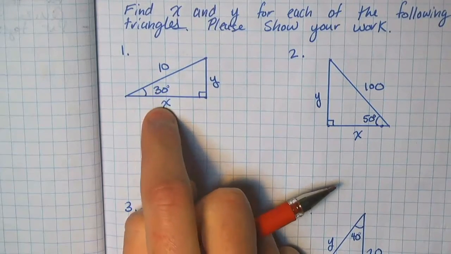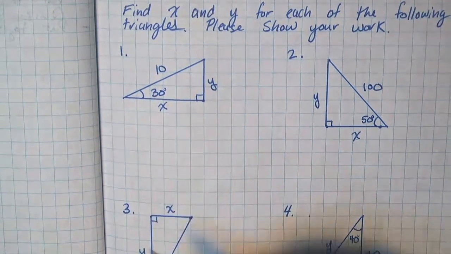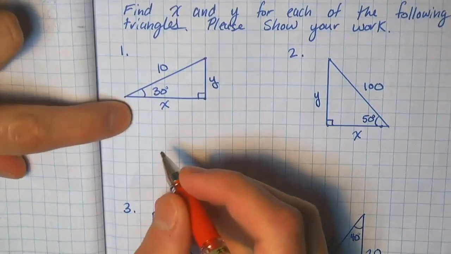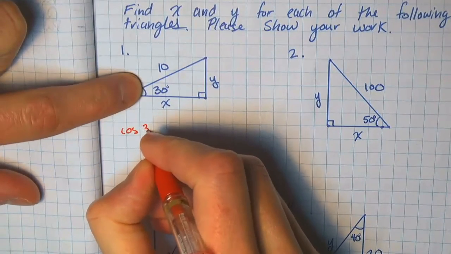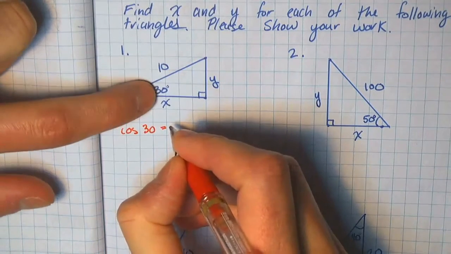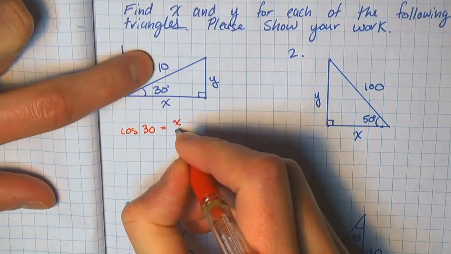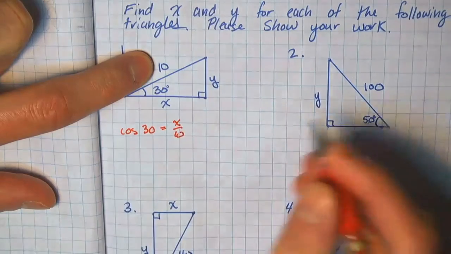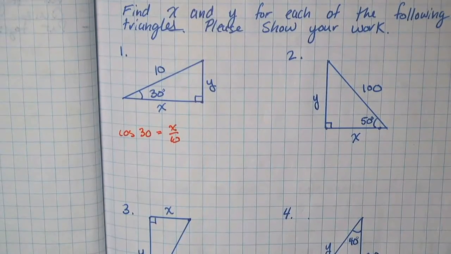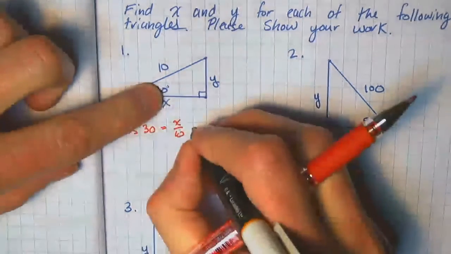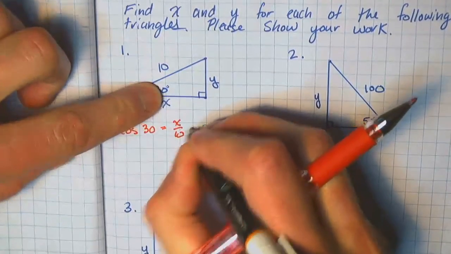So x is the adjacent side. It's next to the 30. We have the hypotenuse, so that's going to be cosine. So cosine of 30 degrees is equal to adjacent, so x over the hypotenuse, which is 10. To get x all by itself, you need to multiply both sides by 10.